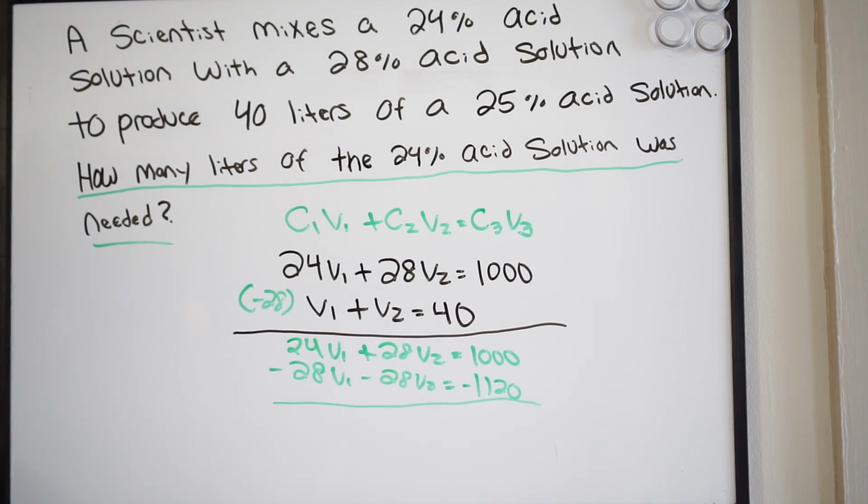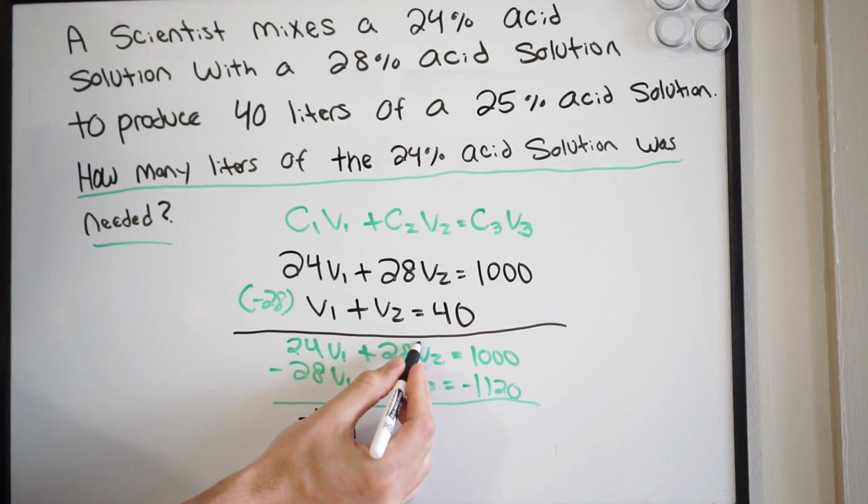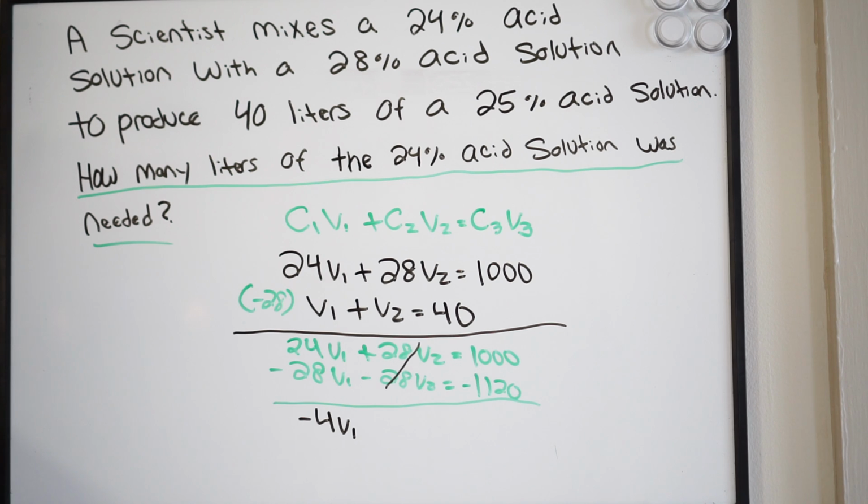Alright, so now we can go ahead and add these up. So 24 and negative 28 makes negative 4, so negative 4 V1. Well, these cancel out, that's what we wanted to do. And this is all going to equal, well, we get 1,000 and negative 1,120, so negative 120.